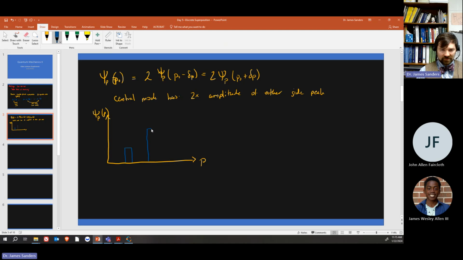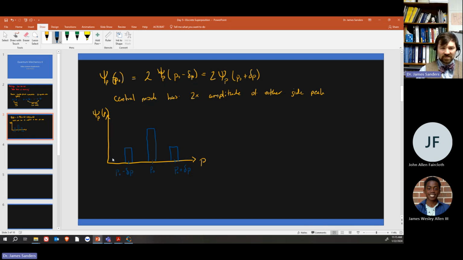You have one here that's twice as tall. And then you have one here that's again the same height as the original. And so these would represent P naught, P naught plus delta P, and P naught minus delta P.